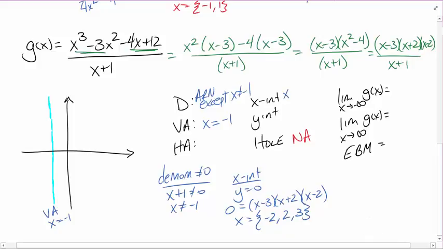We can see that none of those overlap with vertical asymptotes, so we don't have the hole. Y-intercept: we're going to set x equal to 0, so we're going to find g of 0. This is going to wind up giving us 12 over 1, which is 12.